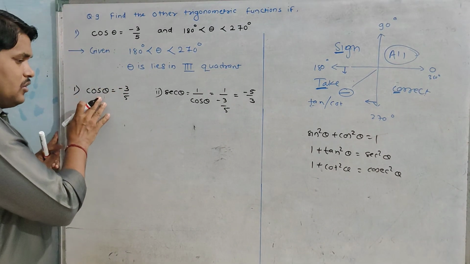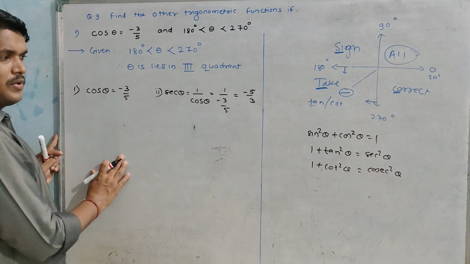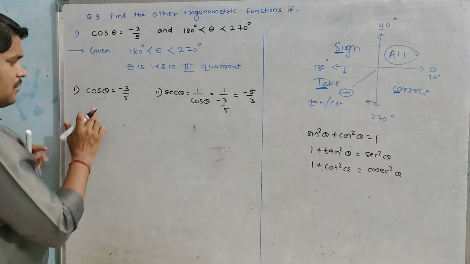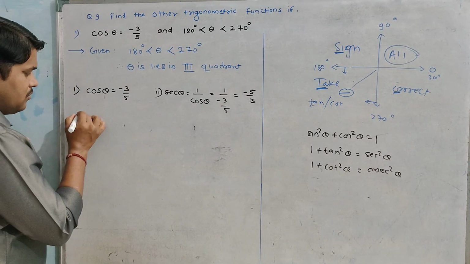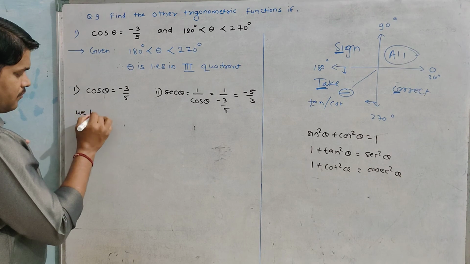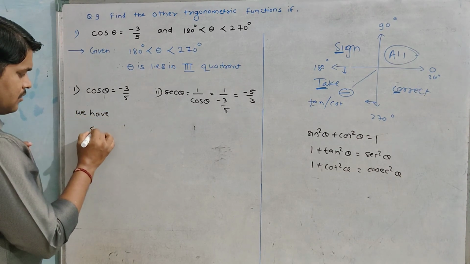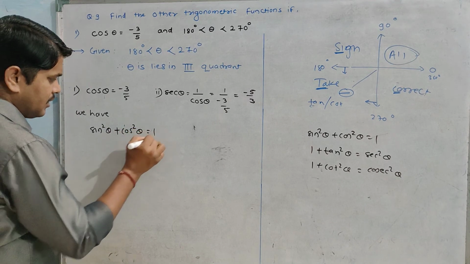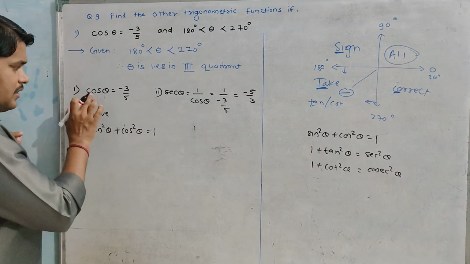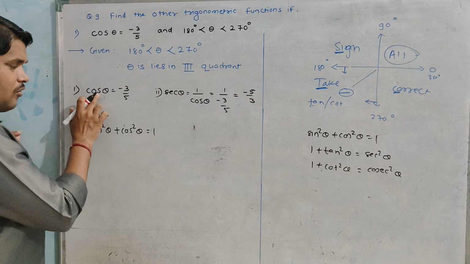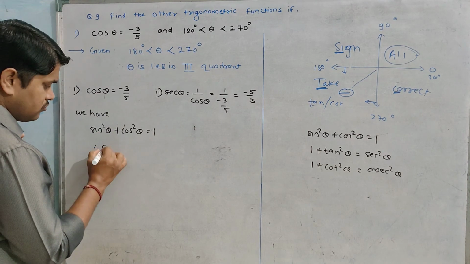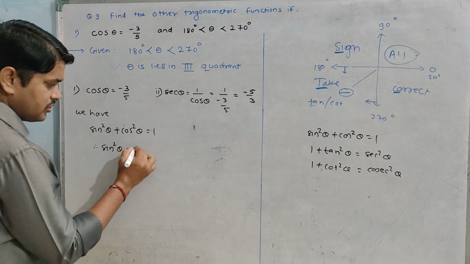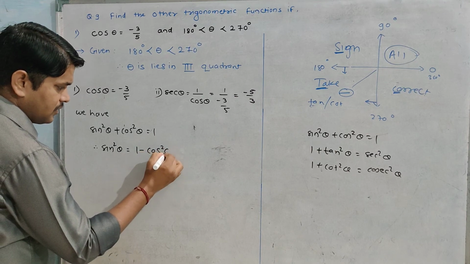So by using that identity we can find the value of sin theta. So we have, okay, sin square theta plus cos square theta equal to 1. We have to find sin square theta, and because cos theta is already given, sin square theta is equal to 1 minus cos square theta.